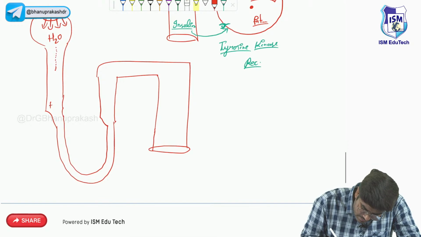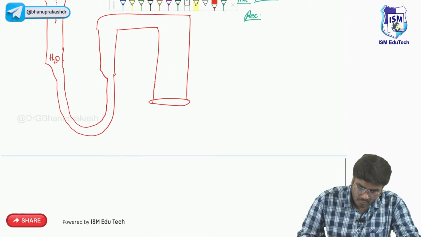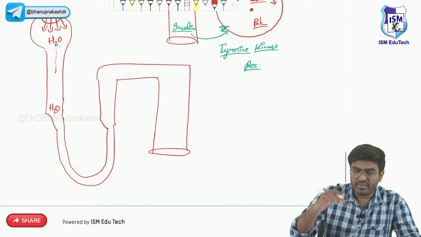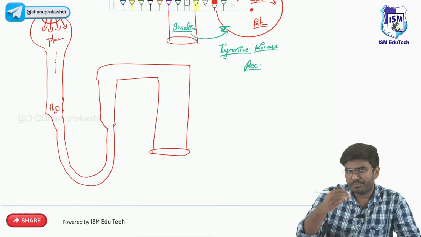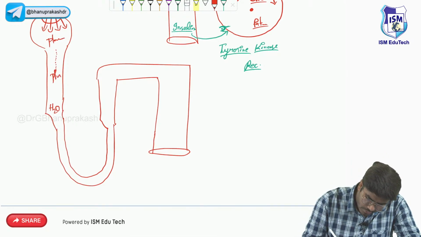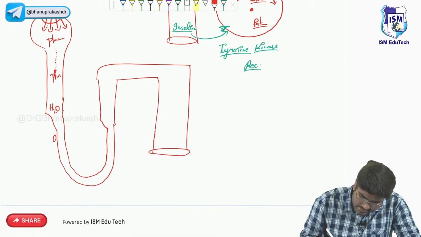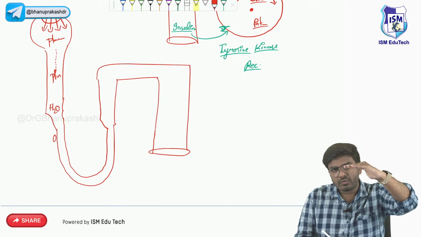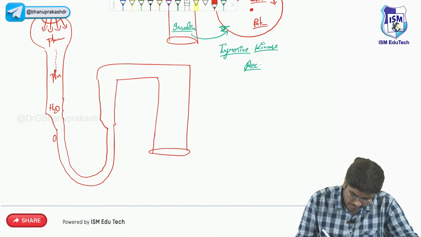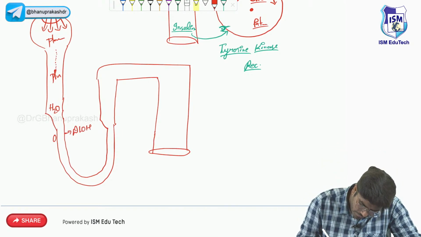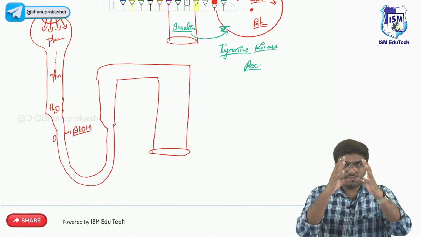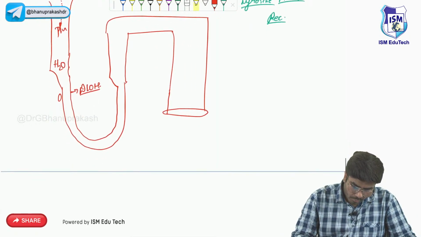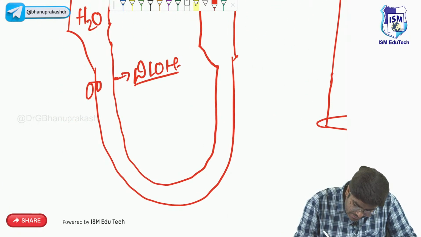The plasma is getting filtered, and the plasma is nothing but water, right? The plasma comes into the Bowman's capsule, then the proximal convoluted tubule, and now these water molecules are coming to the descending limb of the loop of Henle. Now what should happen in the nephron? You need to reabsorb the water. Water should be reabsorbed. Now the important point is, here you have these carrier proteins.